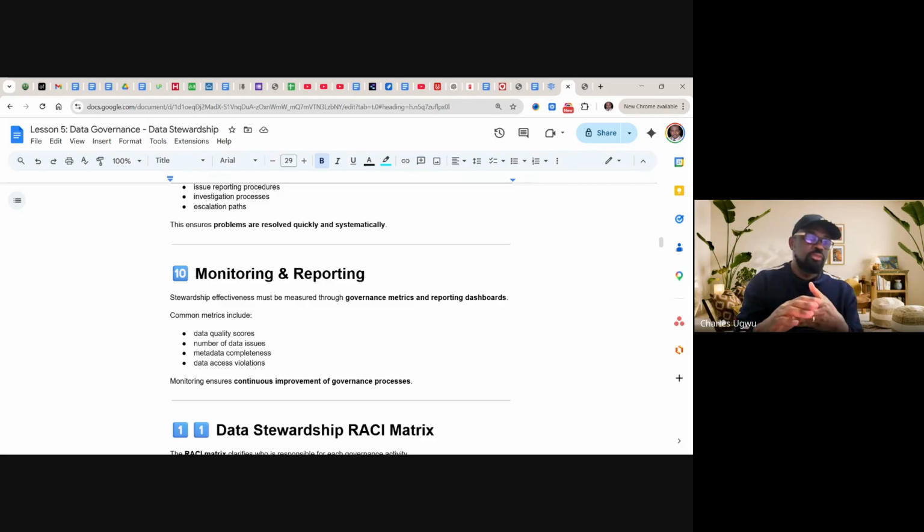You should be able to liaise very well with engineers to design a very beautiful dashboard. They can do that very well using Power BI and the rest of them. But there must be monitoring and reporting metrics and a dashboard.